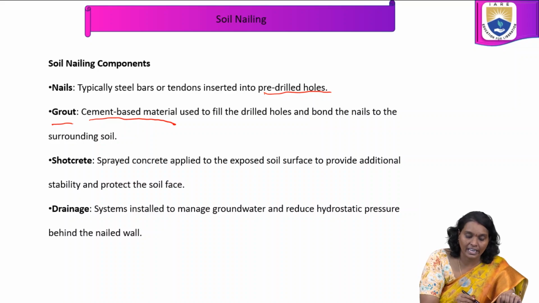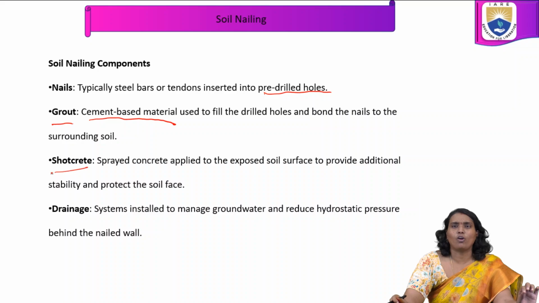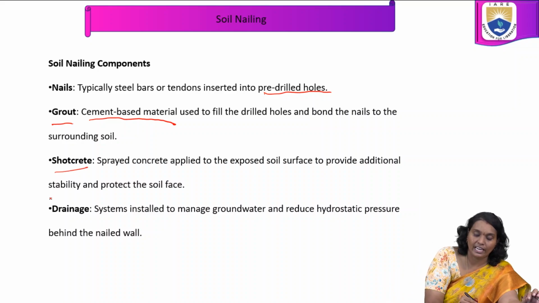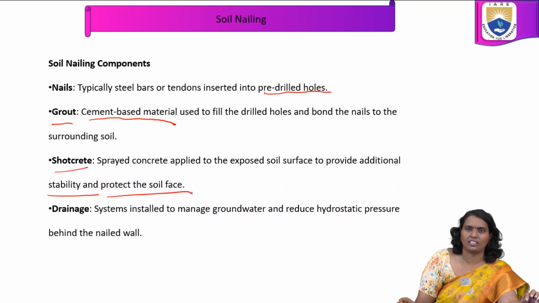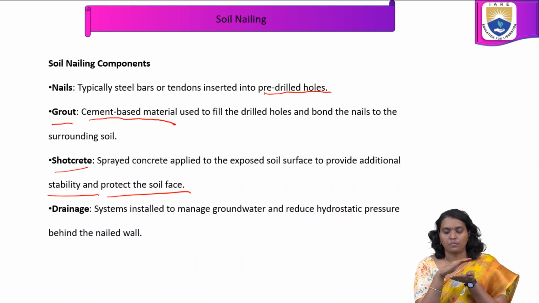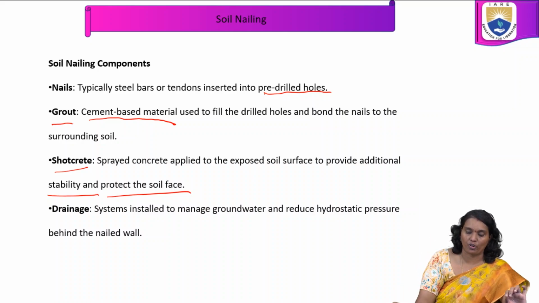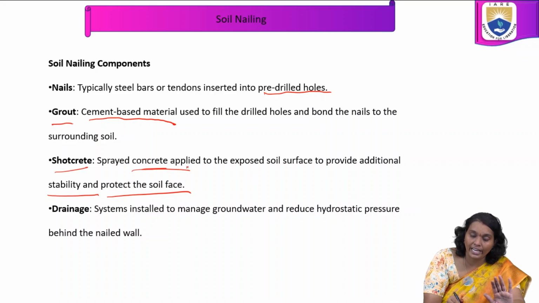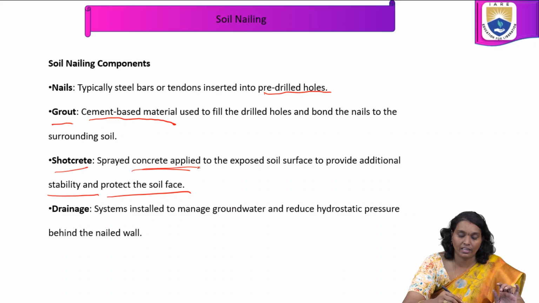Shotcrete is sprayed concrete applied to the exposed soil surface to provide additional stability and protect the soil face. This sprayed concrete also involves some materials.